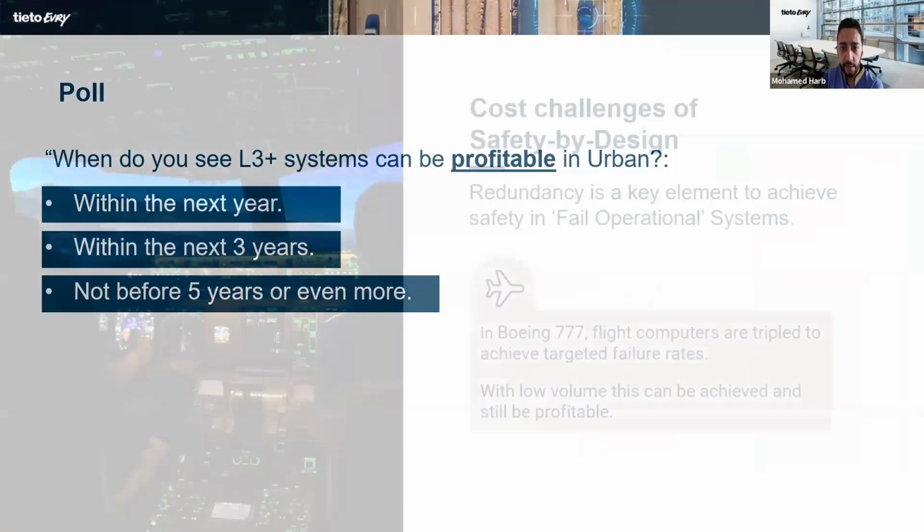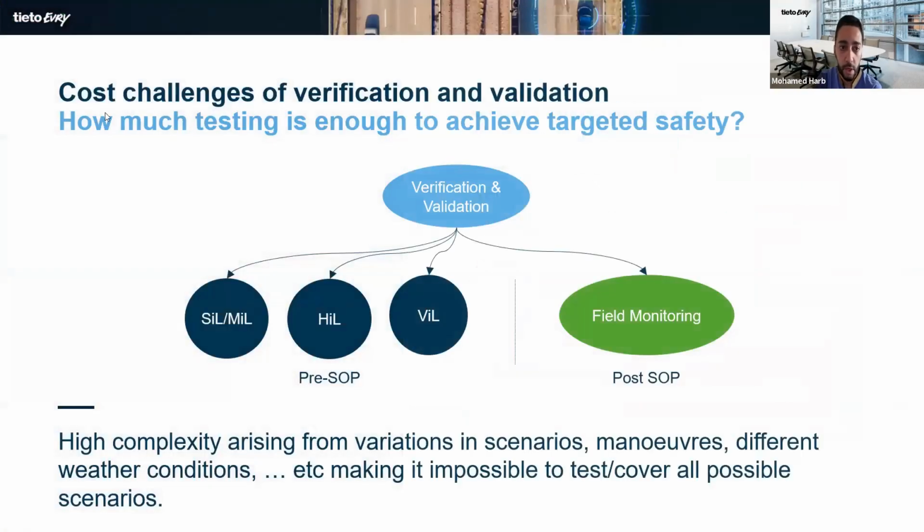It is still a big question: how much testing is enough to achieve a targeted safety? I cannot answer it on the spot, and I don't think it's clear to anybody in the industry how much testing is enough. Of course, putting V2X in the equation makes it more complex, and this is one of the challenges. But on the other hand, testing in the vehicle is also still an unanswered question, where we can say, okay, this is enough testing.